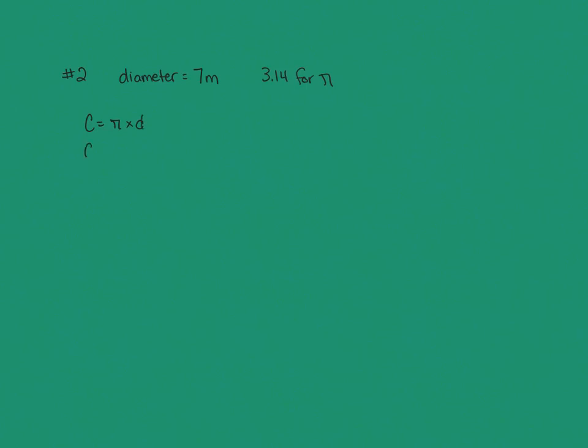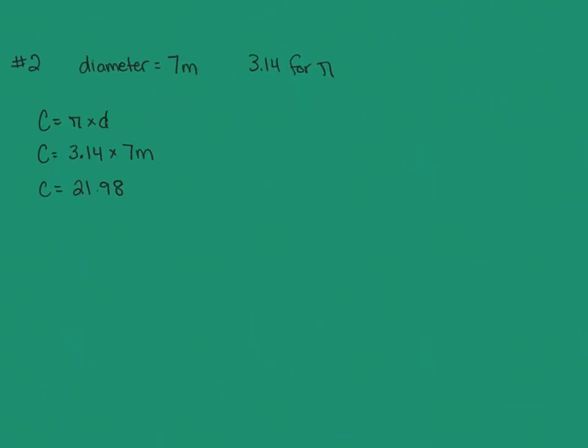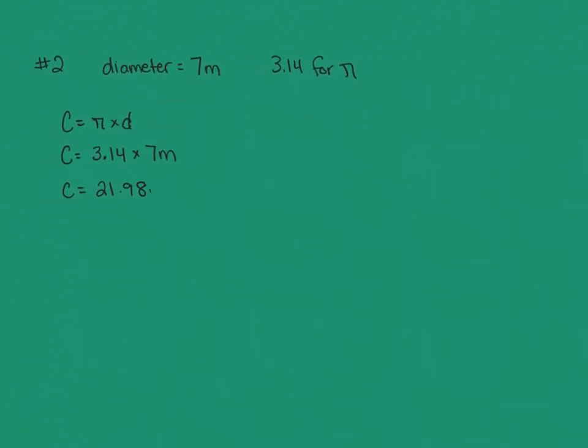So that means my circumference is going to be 3.14 times 7 meters. And then I can calculate, and I will let you use a calculator for this. 3.14 times 7 is 21.98, and we'll keep our unit there, so it should be meters. So this will be our answer for, say, part A.